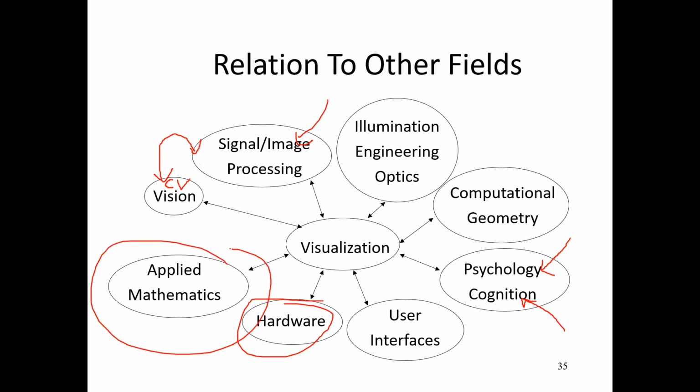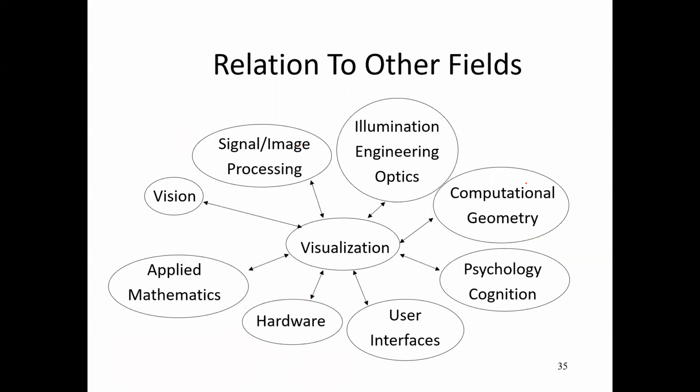Hardware and applied mathematics, and computational geometry, so we can almost recreate the stuff in the real world, I mean real world physical phenomena, digitally, to give an almost realistic effect.